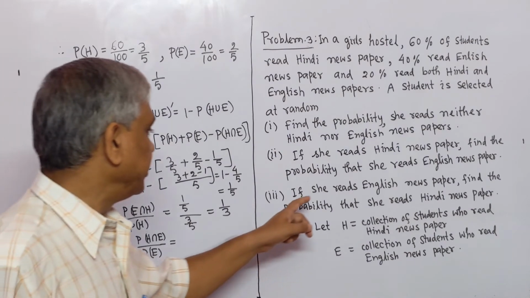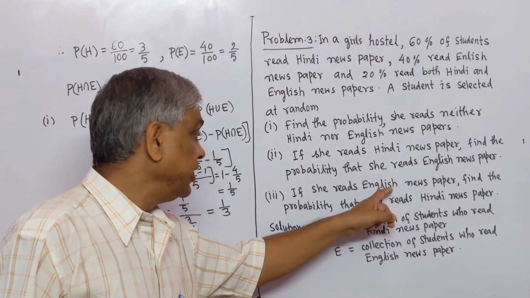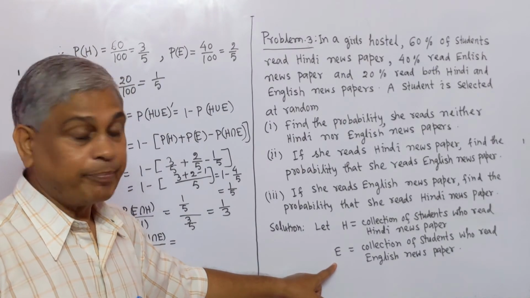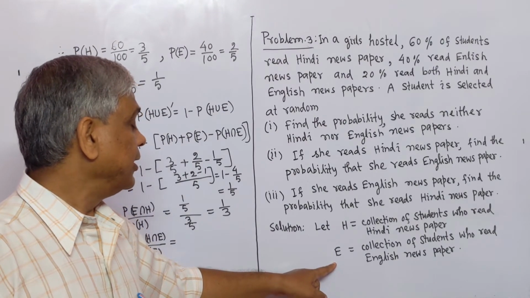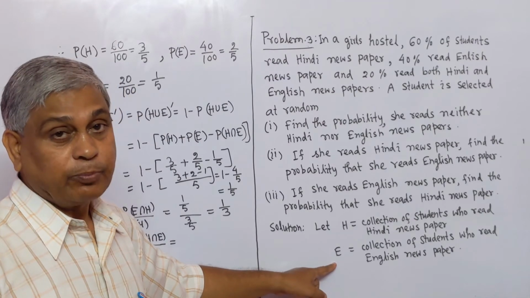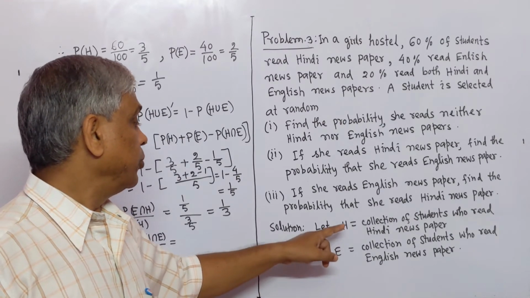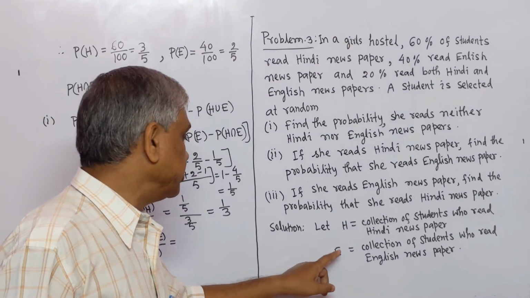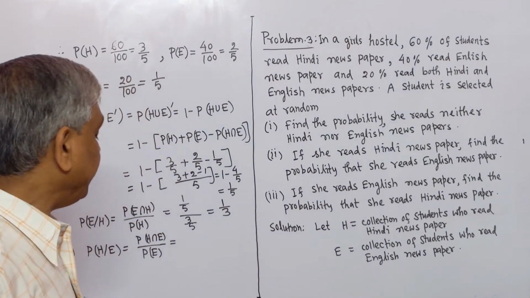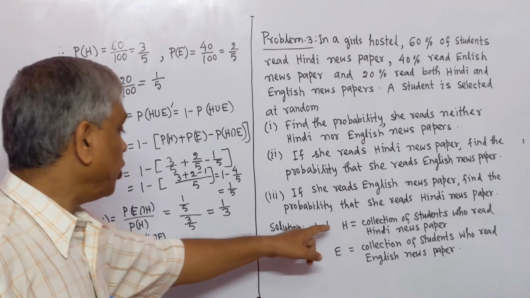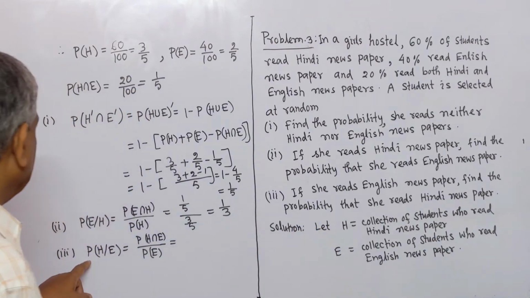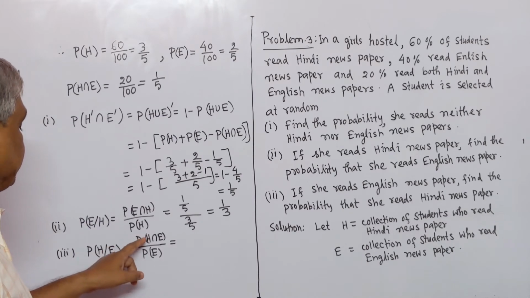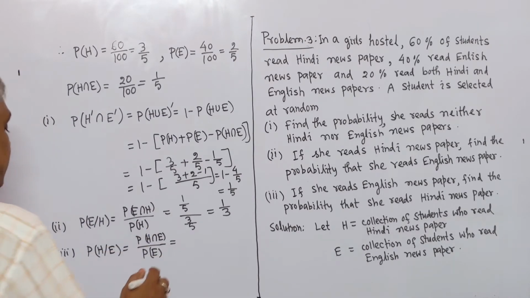Now, number 3. If she reads English newspaper, means event E is known. We have to find the conditional probability of H when E is known, means we have to find probability of H slash E. This is equal to P(H intersect E) by P(E).